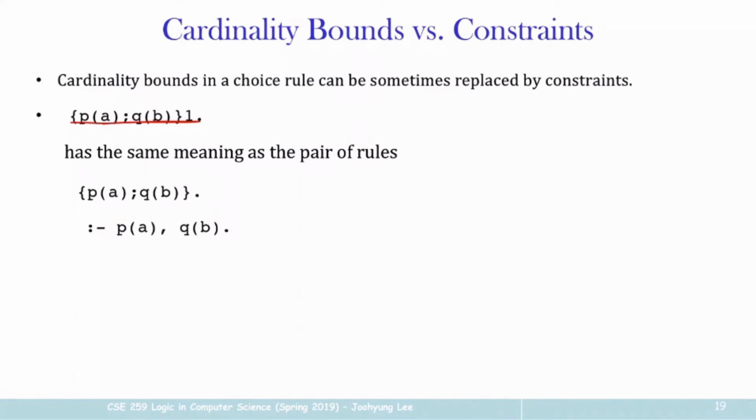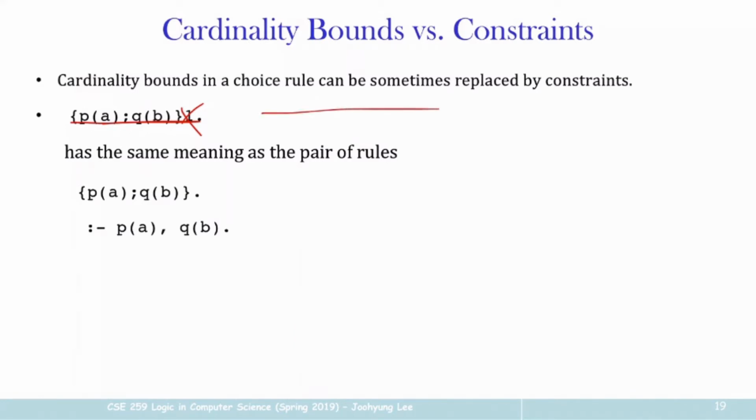First, let's forget about this bound. How many subsets are there? 4. Among them, how many satisfy the upper bound of 1? 3. Okay, so let me do this again.